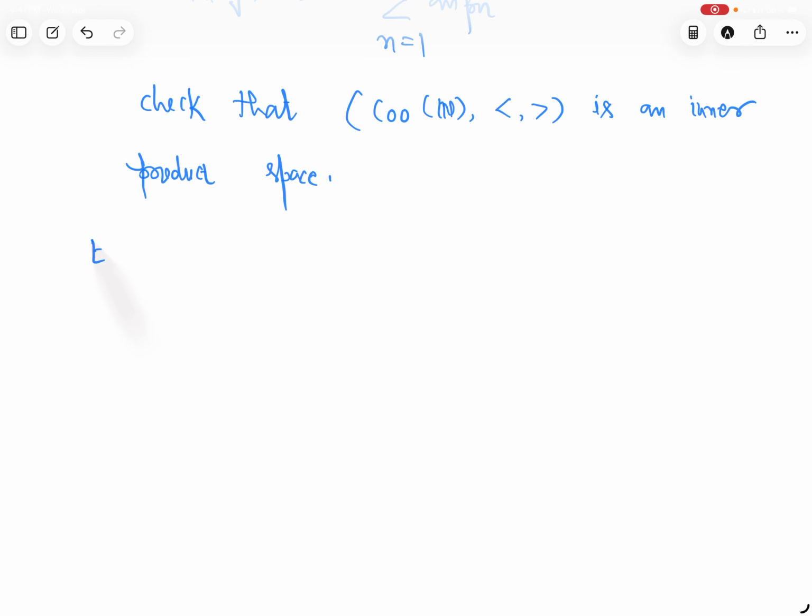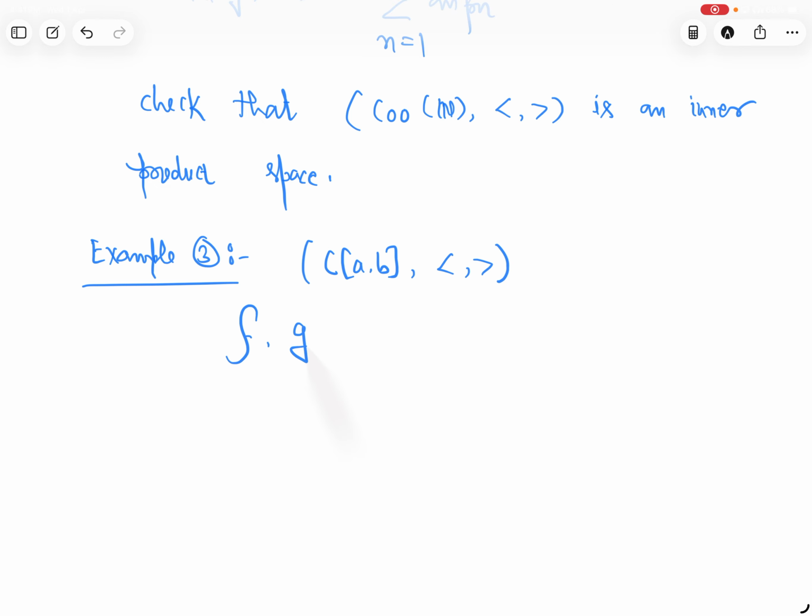Example 3. C[a, b], the continuous functions on the closed interval [a, b]. So f and g I am taking, where a and b are finite. I want to define an inner product on this.